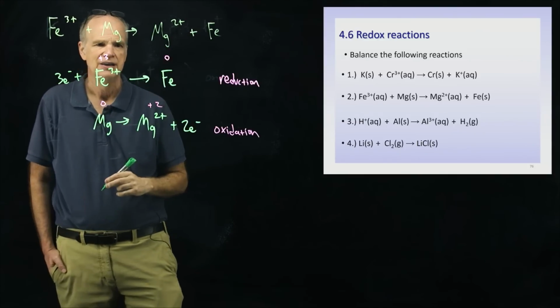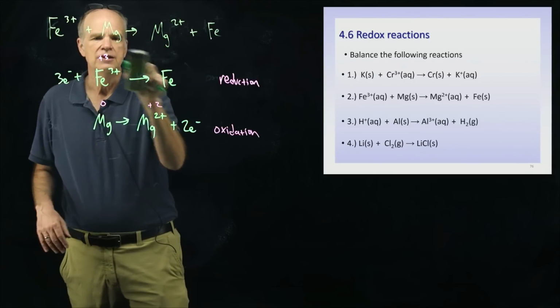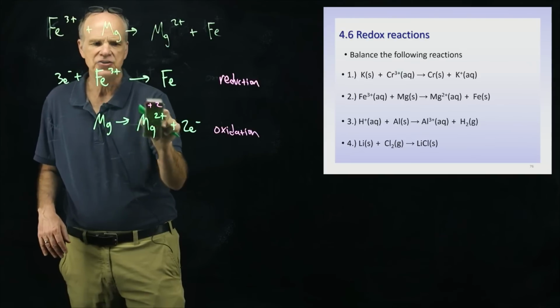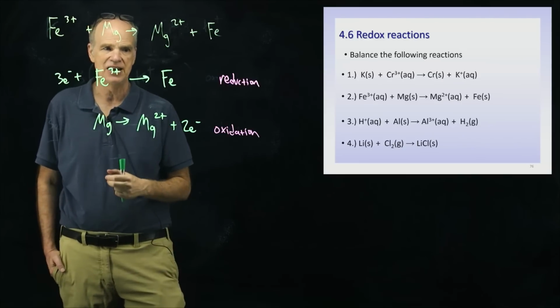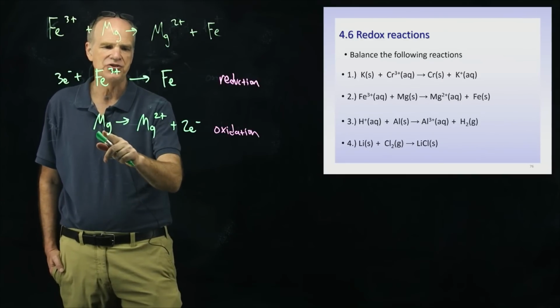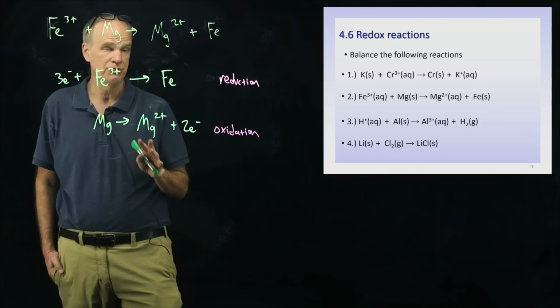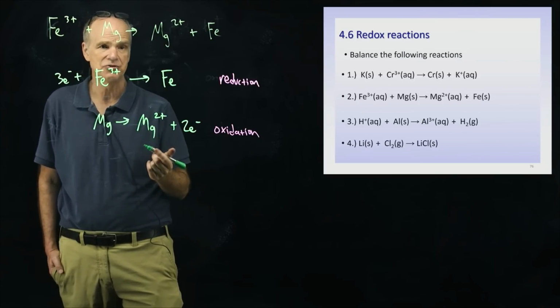So that's fine. Now we have to make sure that the oxidation reaction will pass as many electrons as the reduction reaction will get. So we have to deal with that. So you see the oxidation reaction as it's written passes 2 electrons. The reduction reaction gains 3 electrons.